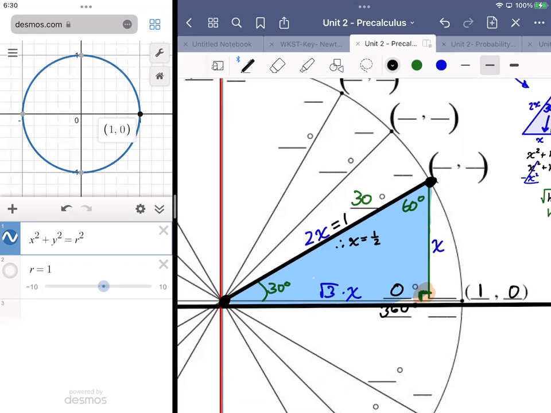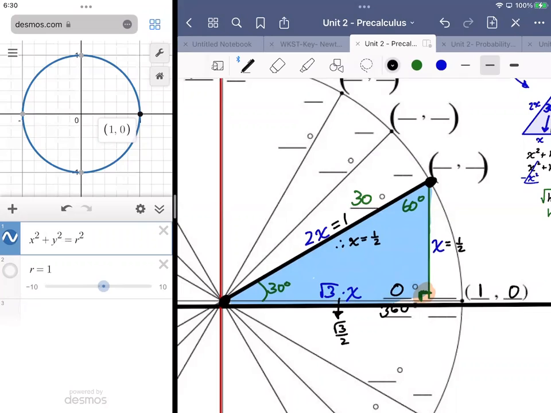All right, which fills in everything else, because if I know that x is equal to 1/2, I now know the height. And I now know, radical 3 times 1/2 is going to be radical 3 over 2. So I now know the horizontal distance, right? So you go from the origin to a point in space, it's always x comma y.